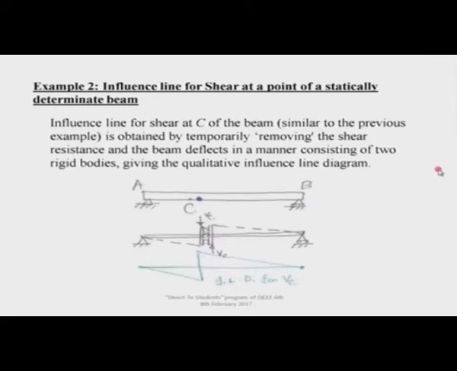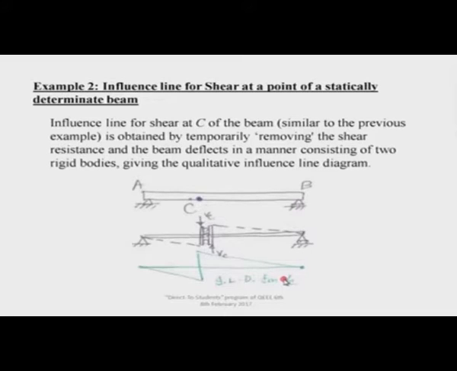Now, let us come to another influence line, for shear at a point of a statically determinate beam. If I have to draw the influence line diagram for the shear, can you remember that you have a unit load moving onto the beam, and you are trying to determine the shear at that particular point?